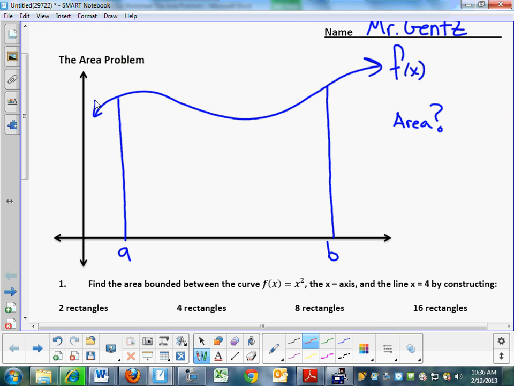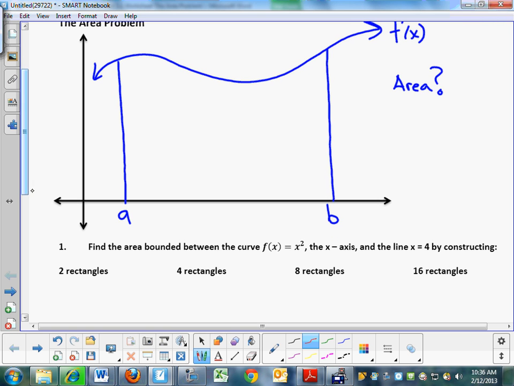And I'm going to draw what I call left-handed rectangles. So these are rectangles that are from the left side. If I'm going to draw 2 rectangles, how many regions should I divide A and B into? Just 2 regions. If I draw the left-hand rectangles, I start on the left-hand side of each interval.